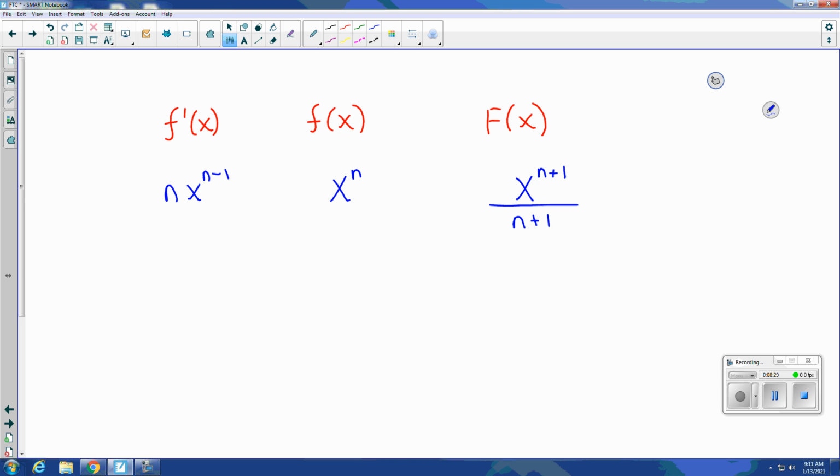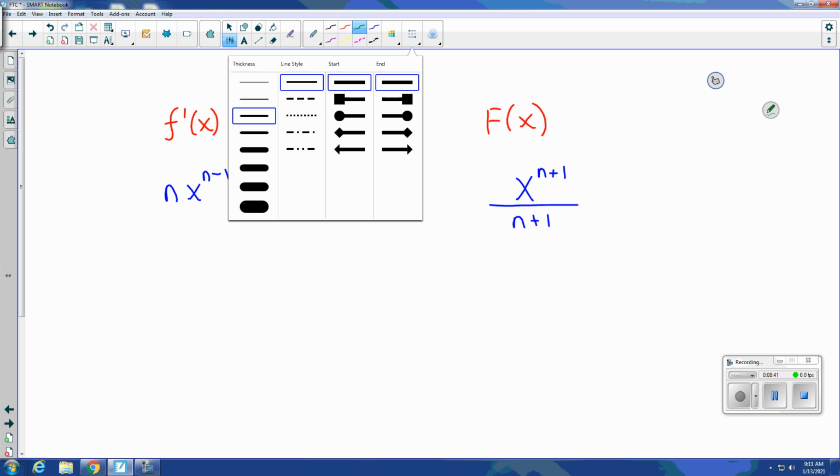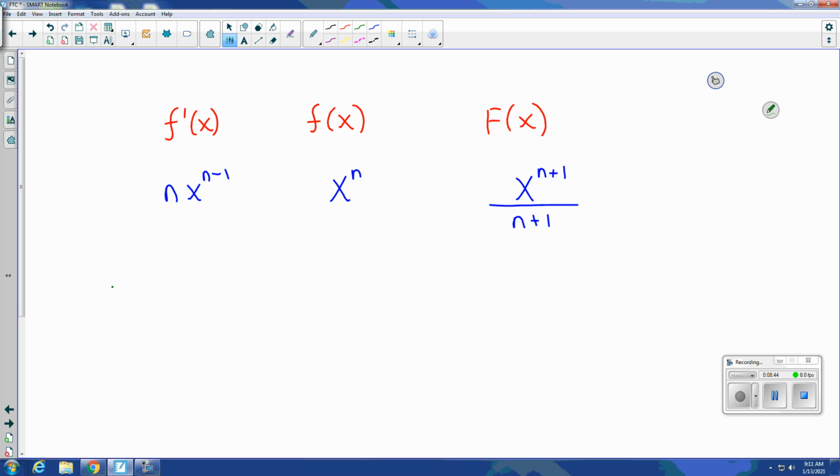Because it's that simple, we want to take advantage of applying this power rule as often as possible. Now, there's one exception to this rule, so let's make a note of the exception we want to be on the lookout for. It's when we have the function 1 over x.